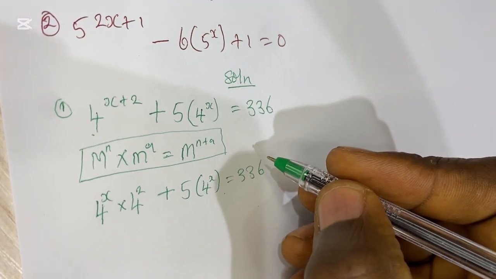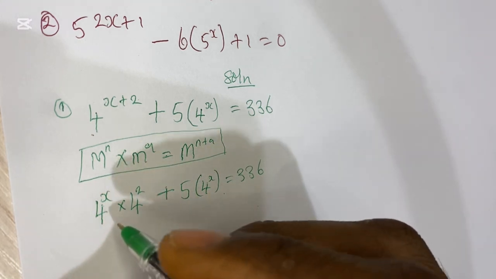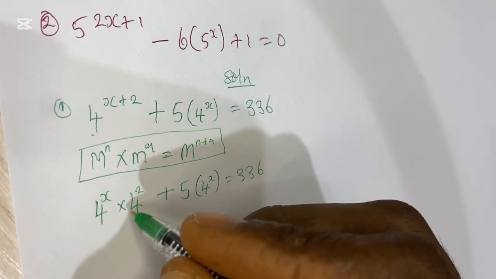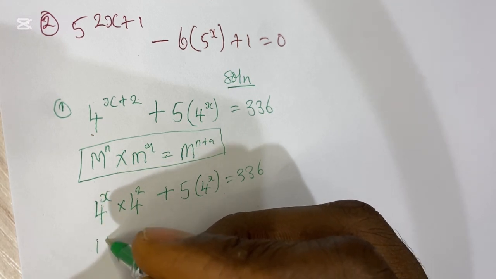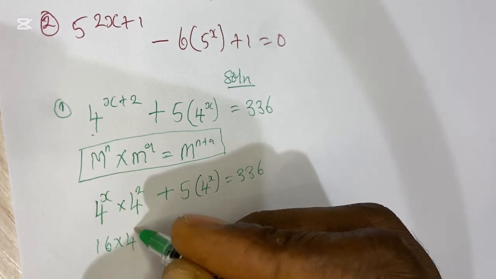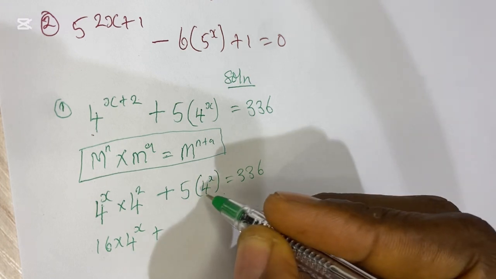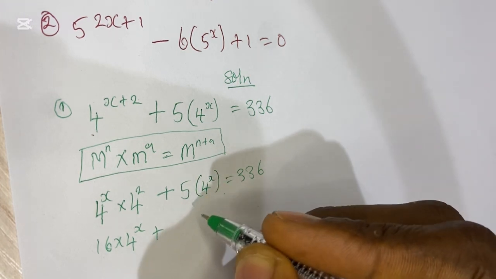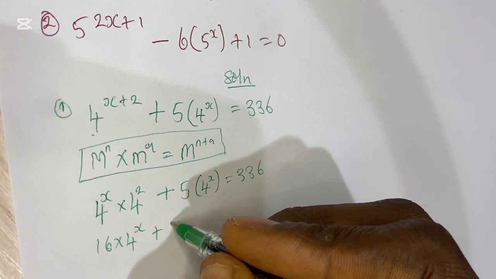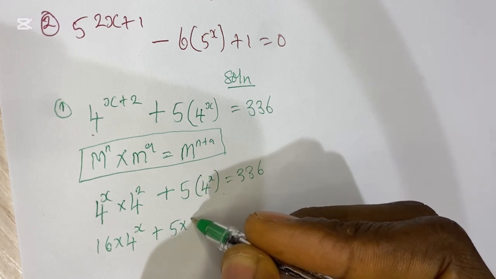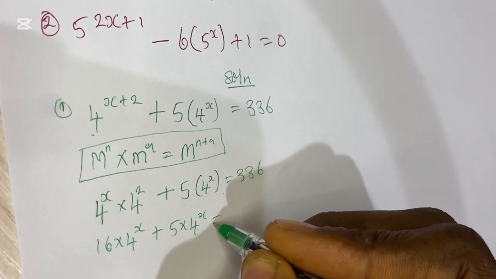So 4 raised to power 2 is 16. So we have 16 times 4 raised to power x plus 5 times 4 raised to power x, equal to 336.